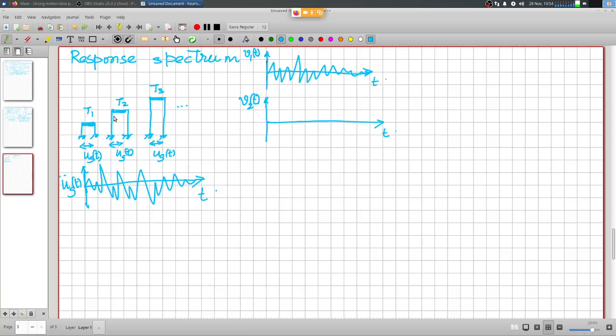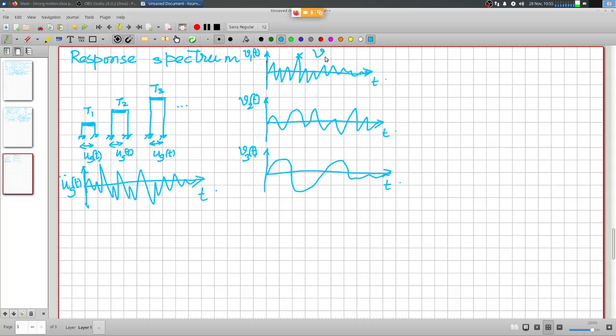T2 is slightly longer than T1, so its natural frequency is going to be somewhat smaller, so it will have a relatively long period motion, vibration. Then T3, or V3, the response of the third system is obviously going to be kind of like this.